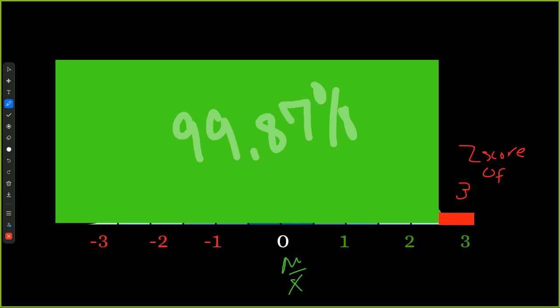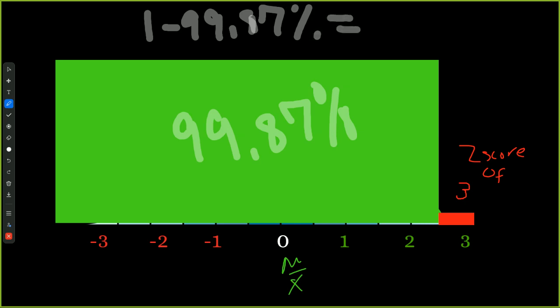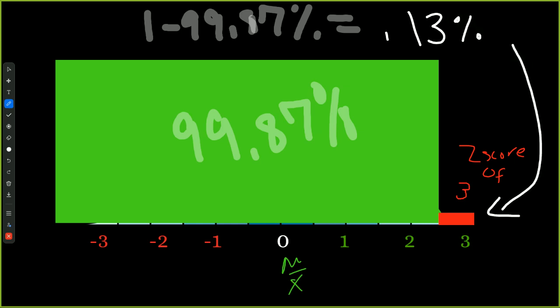Essentially, I would come over here and say 1 minus 99.87%, and I would get 0.13 percentage chance of not hitting that mark, the red region.